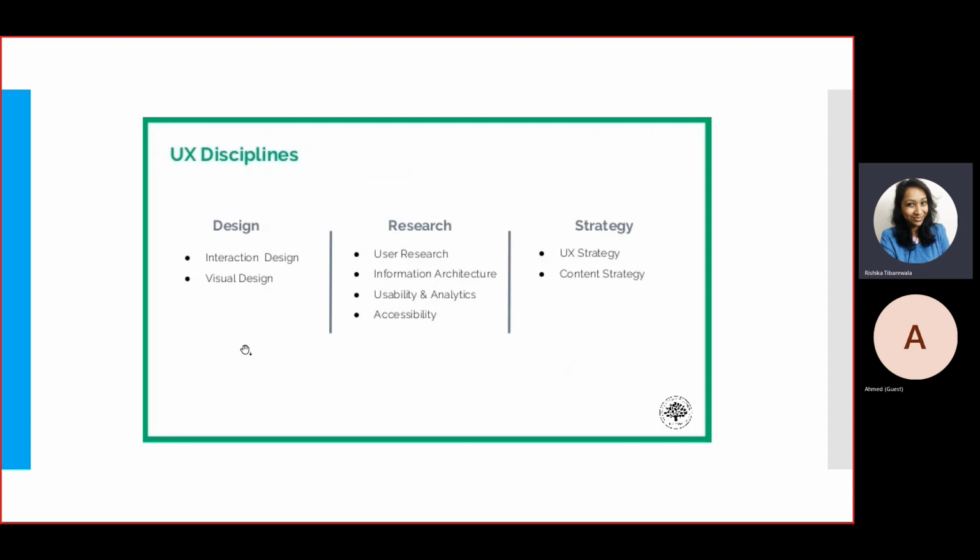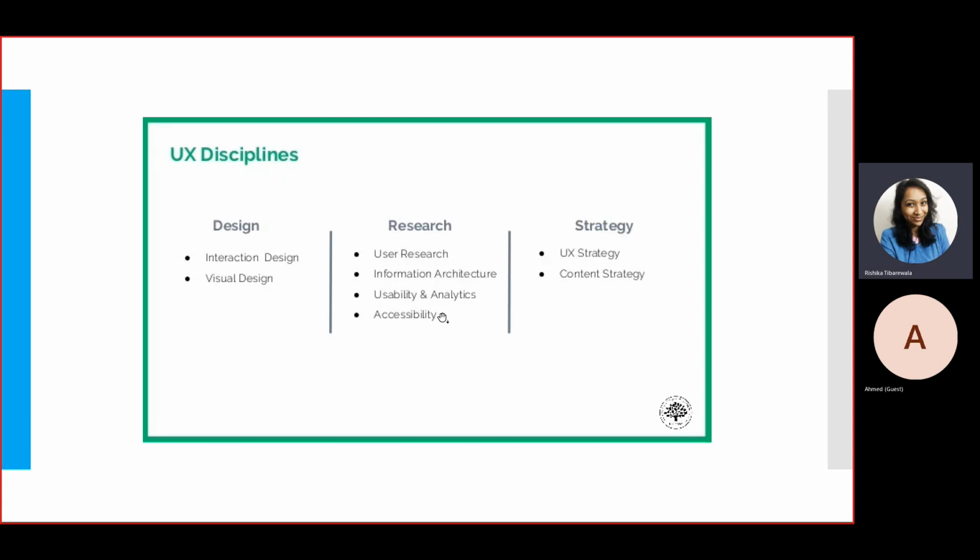Now let's see what the different aspects of a UX are. It could be a UX designer, it could be a UX researcher, it could be a strategist. So these are the three categories in which the UX can be divided. In design, you have interaction design and visual design. In the research department, you have user research, information architecture needs to be created, and usability and analysis needs to be done.